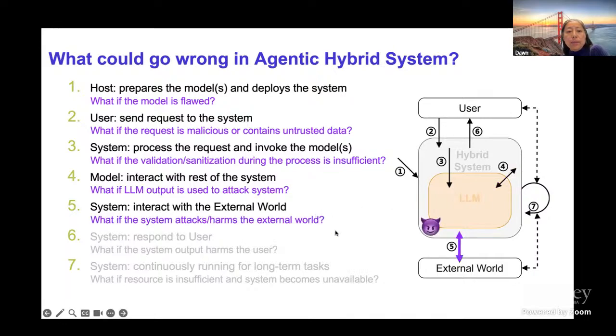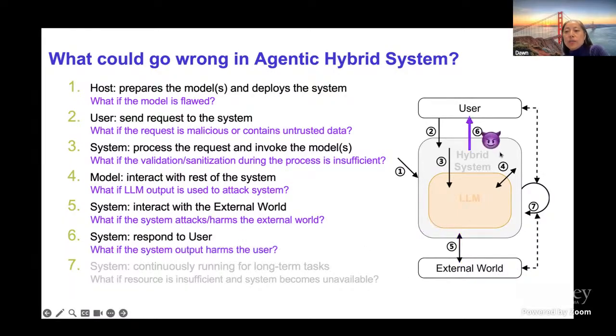And the next step, the system can then utilize the output from the LLM to then further take actions, produce outputs to interact with the external world. And then again, in this case, given that the system's assembled outputs or actions could be malicious or could be wrong behaviors, this can result in further attacks or additional harms to the external world.